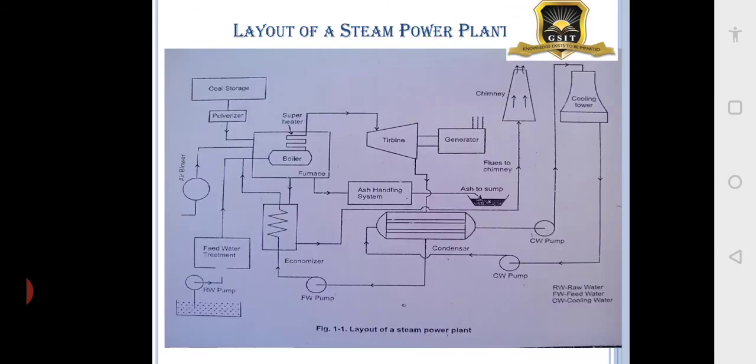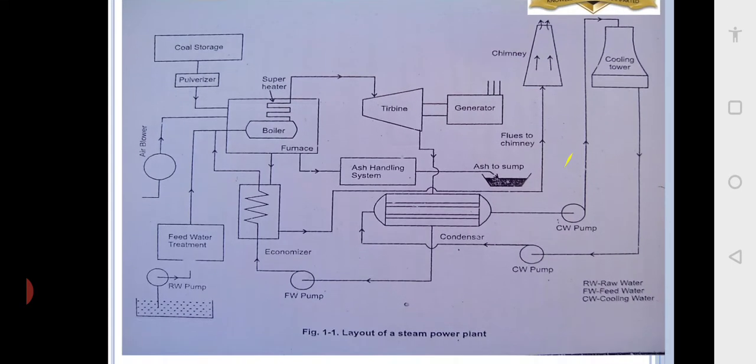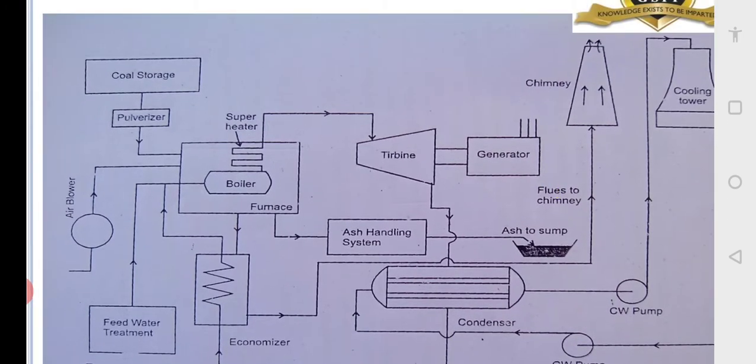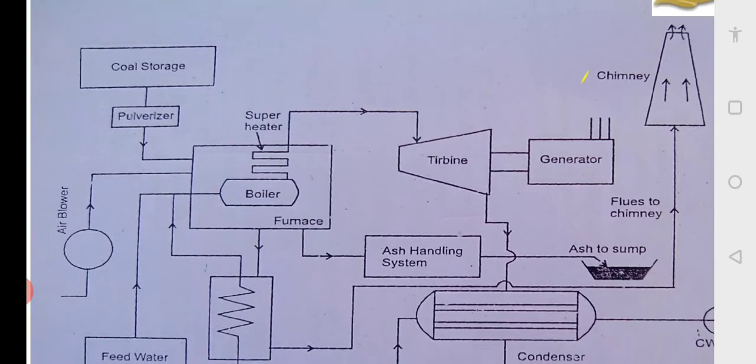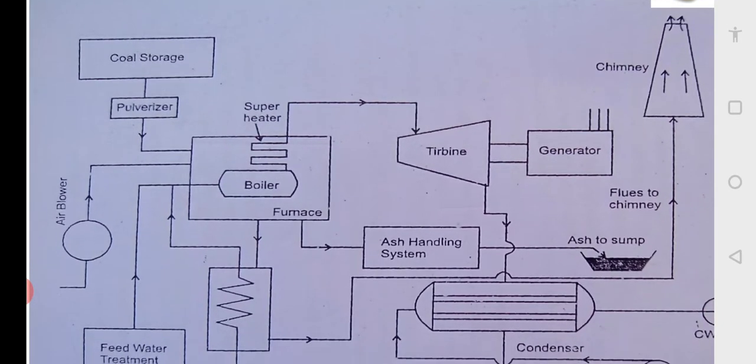Now let us look at the simplified version of the steam power plant. Now you come to the extreme left top, the coal storage is shown there. From the coal storage it comes to the pulverizer. Pulverizer means it converts that lump coal into powder, okay, that is known as pulverizer.